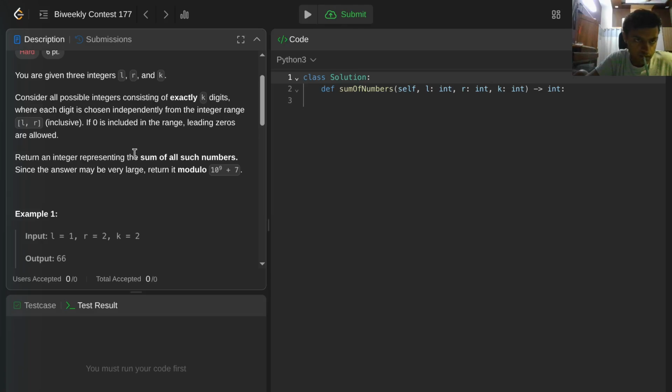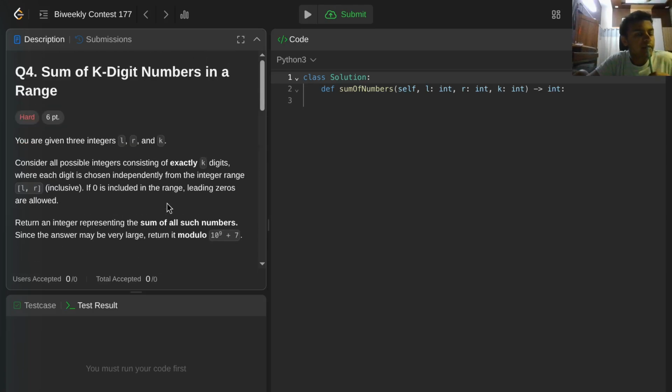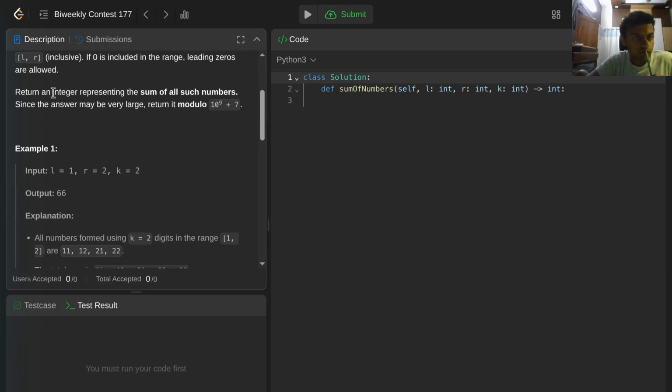Interesting. Return the sum of such numbers modulo. Fair enough. This is a good problem.